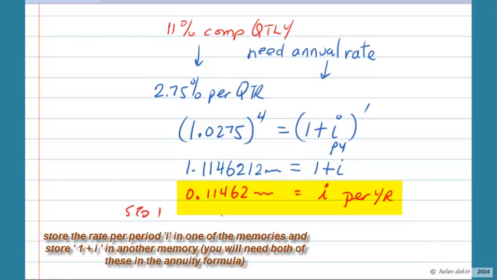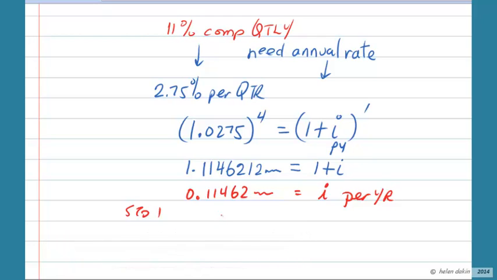We also will need 1 plus I as a factor in our annuity formula. So perhaps what we can do is add 1 back to it and store that in memory 2. So store memory 1 for the interest rate and store memory 2 for the 1 plus I factor. Now let's go back to our annuity calculations and substitute those values in to finish off our future value.